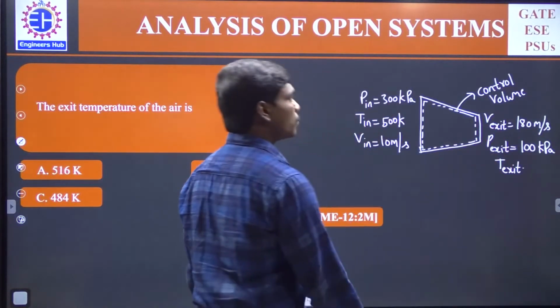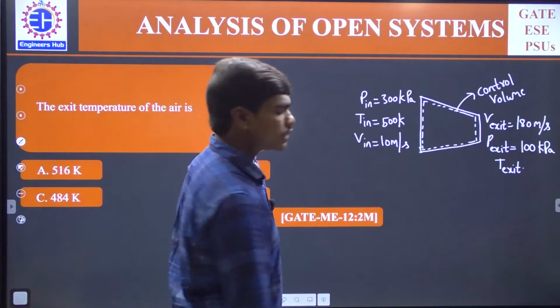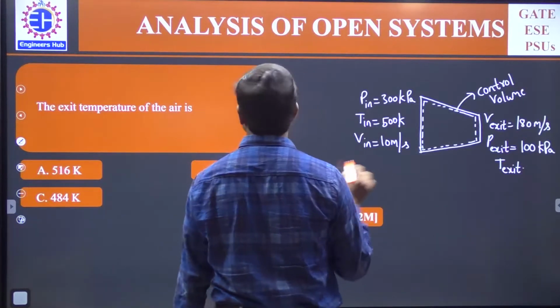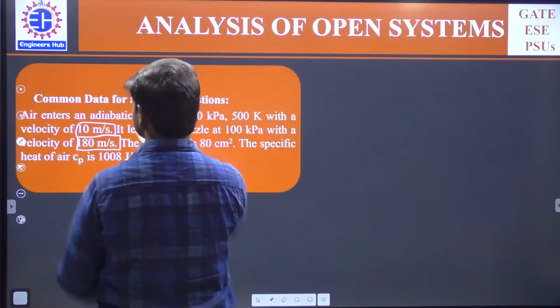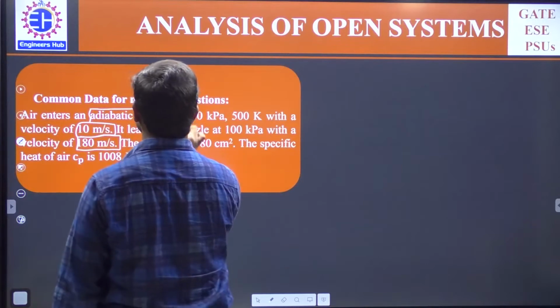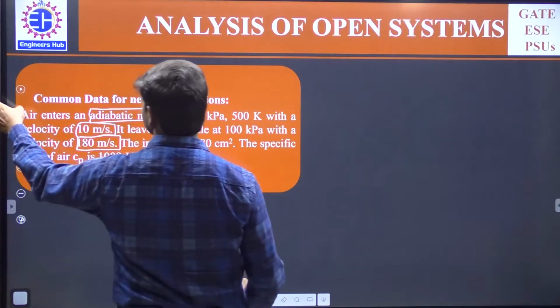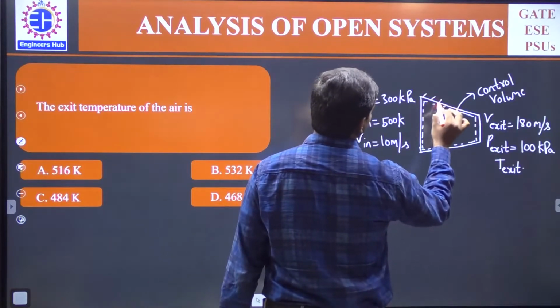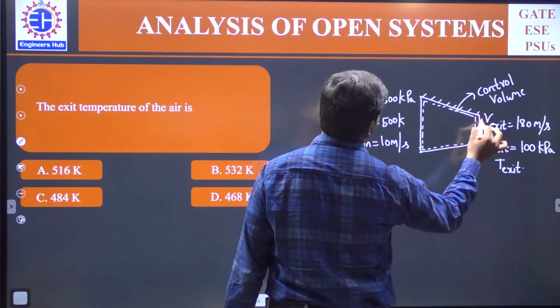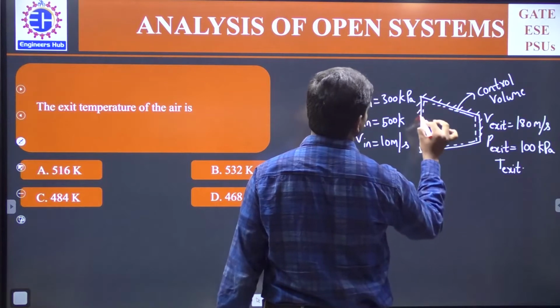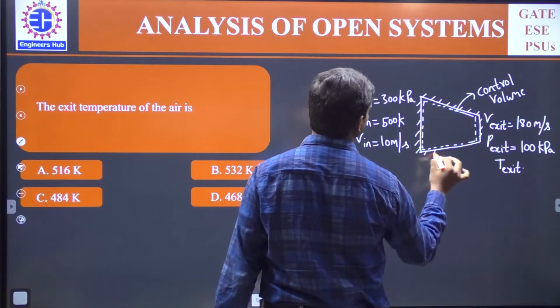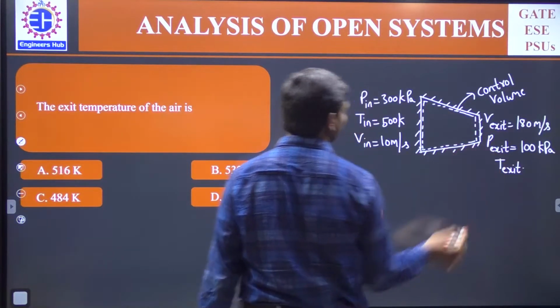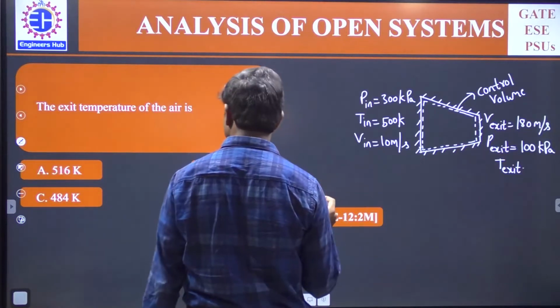If you apply the steady flow energy equation as usual, for an adiabatic nozzle, it's clearly mentioned the nozzle is adiabatic, so we have some insulation. Since Cp is also given, let us apply the steady flow energy equation.